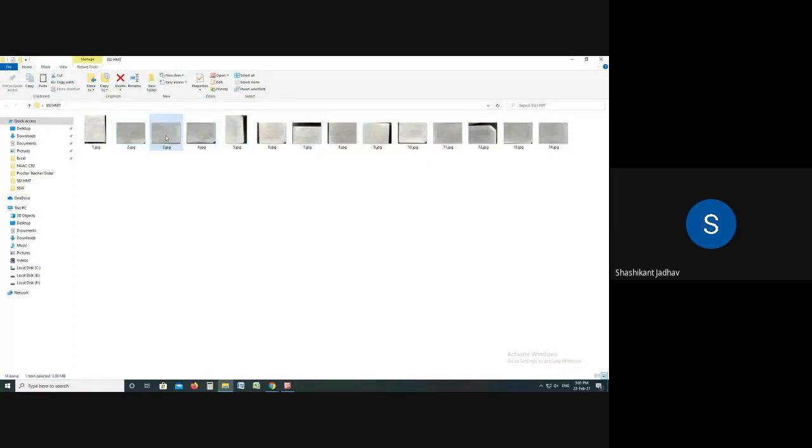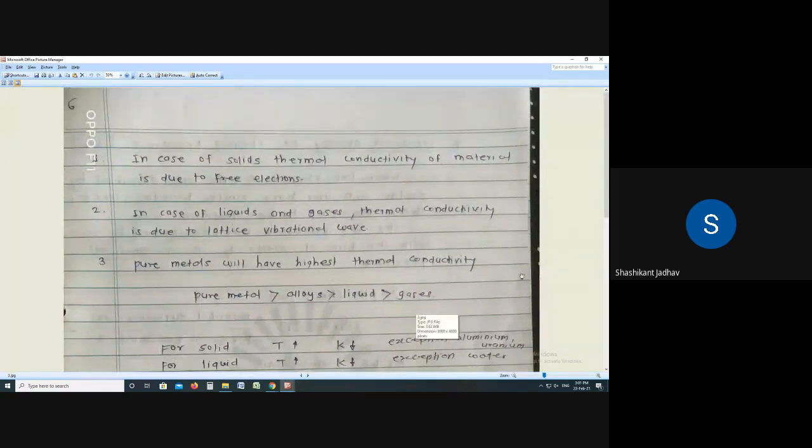Okay, write down the next point. In case of solids, we have already discussed that thermal conductivity of a material is due to free electrons.